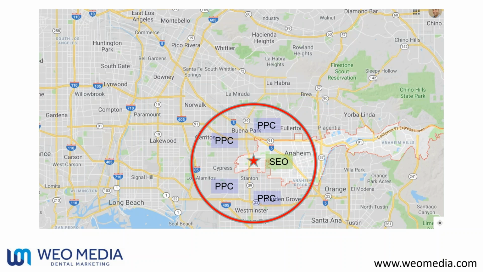You have a practice in one city, but you pull a good chunk of patients from surrounding cities or areas. PPC is an invaluable strategy to help you get traffic from these areas where it's close enough that they'll come to your practice and become a patient, but not so far away that they won't. This is where SEO and PPC work together, and this is the proper way to structure a program: use your PPC where you're not going to get traction from SEO.